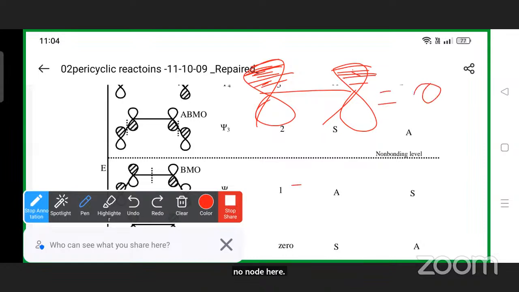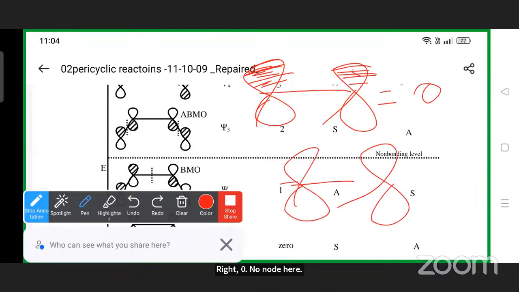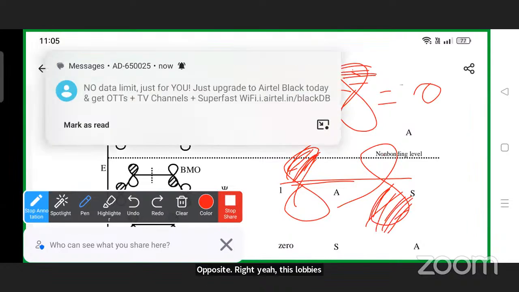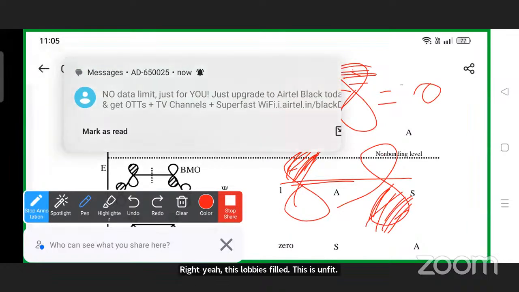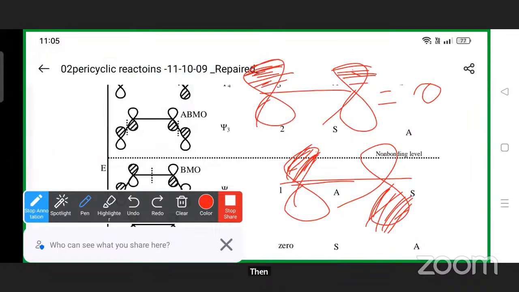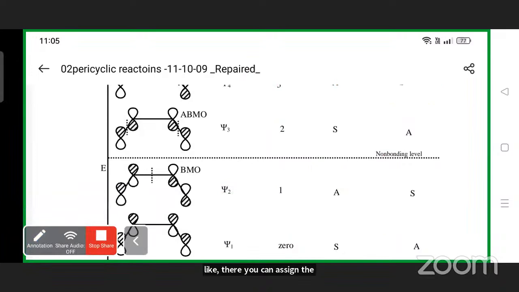If it is opposite, where this lobe is filled and this is unfilled, then a node is possible here. So this is one node. Like that, you can assign the nodes.